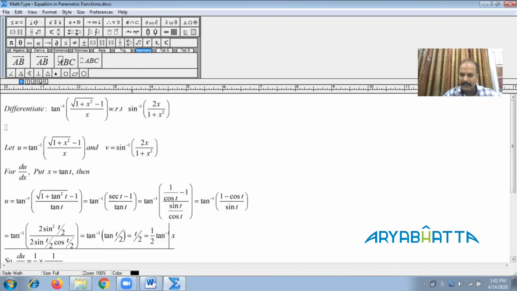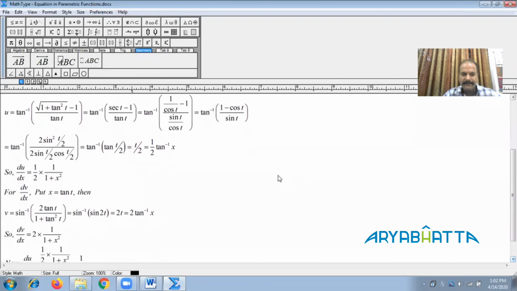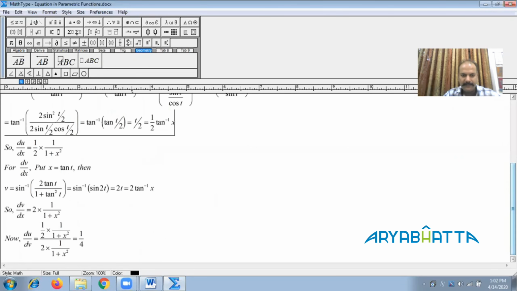Now you can go for the derivative. du upon dx will be half as it is, and the derivative of tan inverse x is 1 upon 1 plus x square. Similarly for v, the function was sin inverse of 2x upon 1 plus x square. And we remember, 2 tan theta upon 1 plus tan square theta is the formula for sine 2 theta. So better to again put x equal to tan theta here.